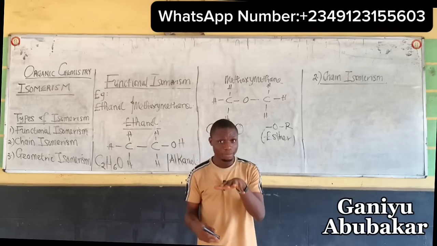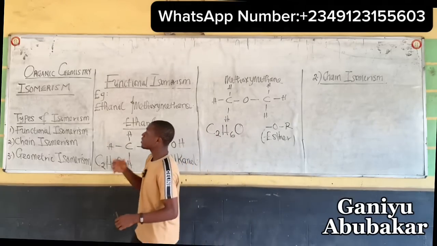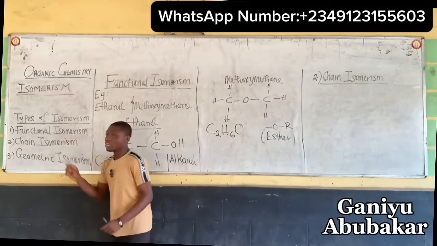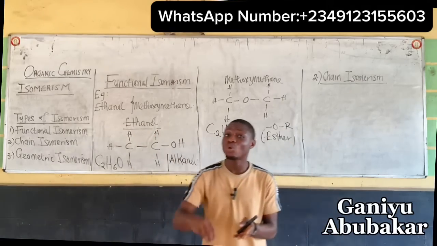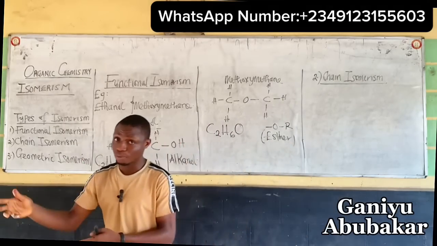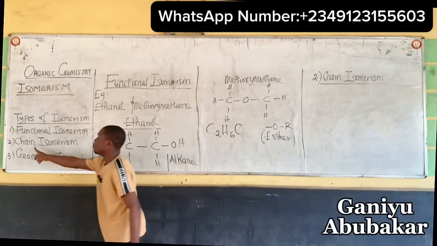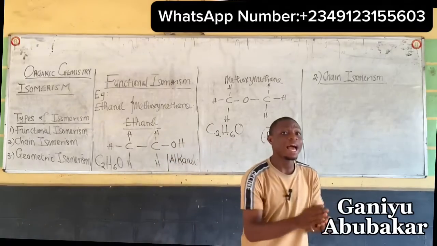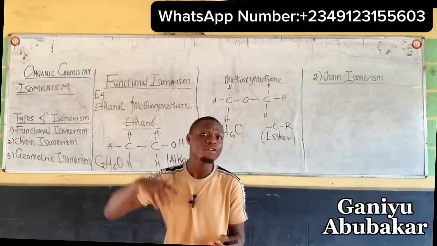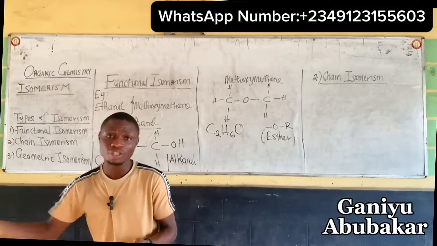So functional isomers have the same molecular formula but a different functional group, and for chain isomerism I have the same molecular formula and the same functional group. That's the concept.